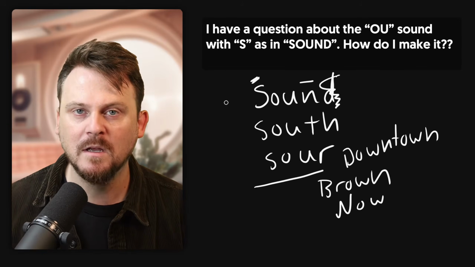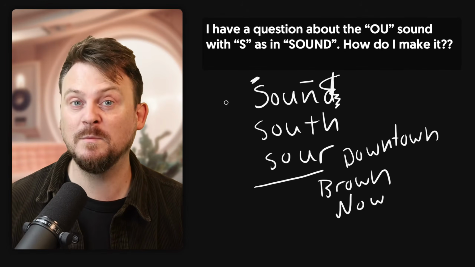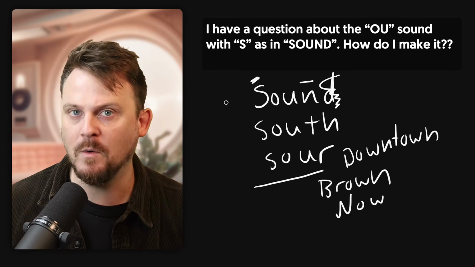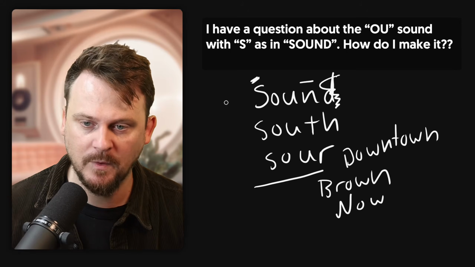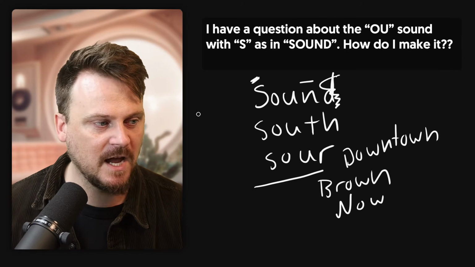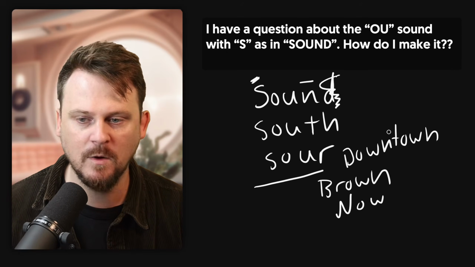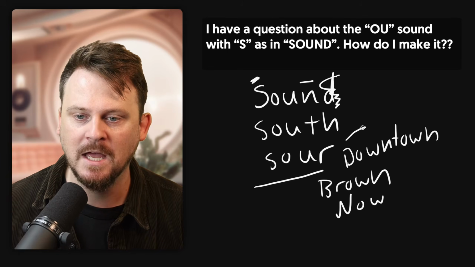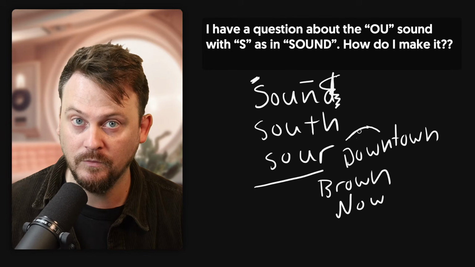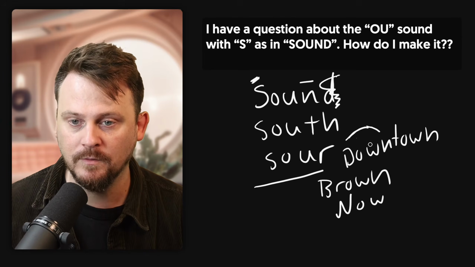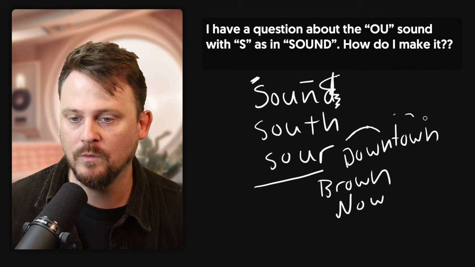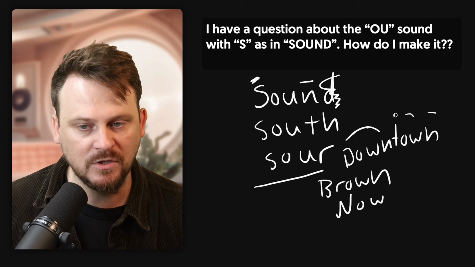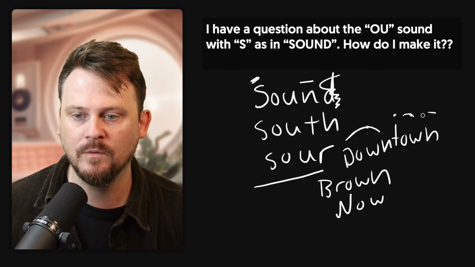Now, it's the same idea with O-W. Nothing different, really. Now, O-W doesn't always make ow, to be clear. Not always. But in these words, it does. So, for example, we're doing it twice here. That's maybe the hard part, we're doing it two times in a row. D, ow, n.